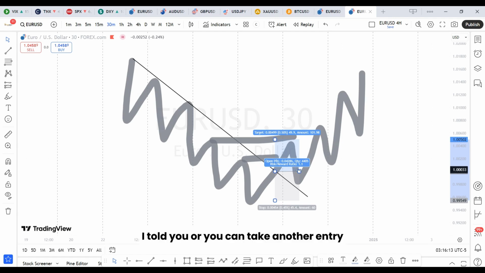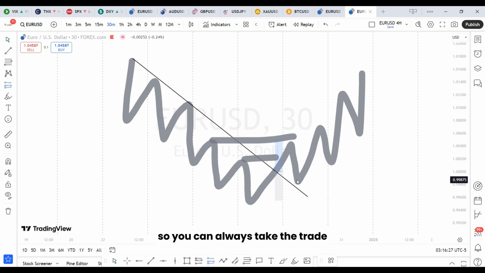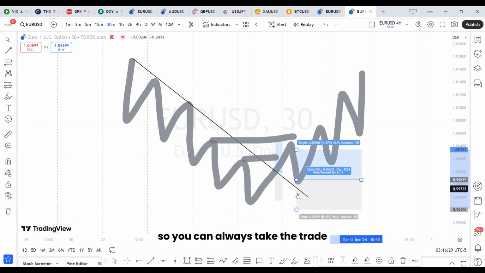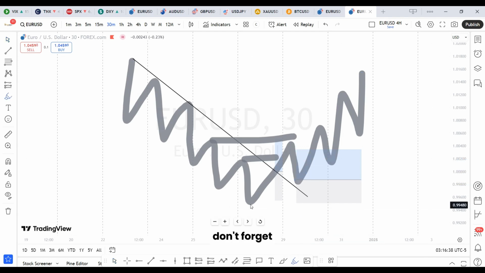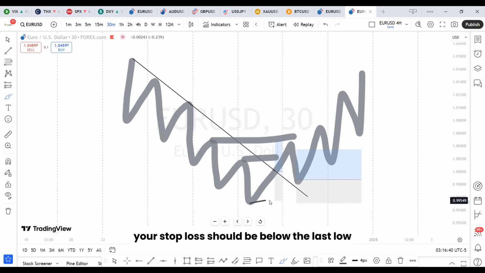Or you can take another entry when the market breaks out of the trend, pulls back and touches the trend again on the other side of the trend before continuing to the new direction. So you can always take the trade after the market has pulled back and touched the trend again. You put your stop loss below the last low, which is here. Don't forget, your stop loss should be below the last low, which is here, for a trend line breakout strategy.